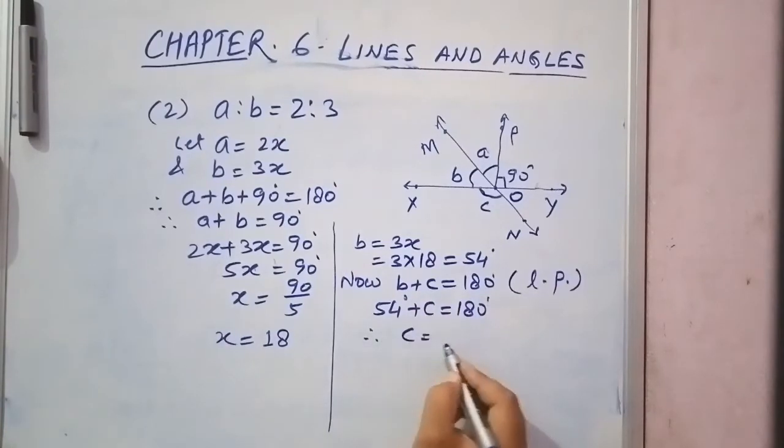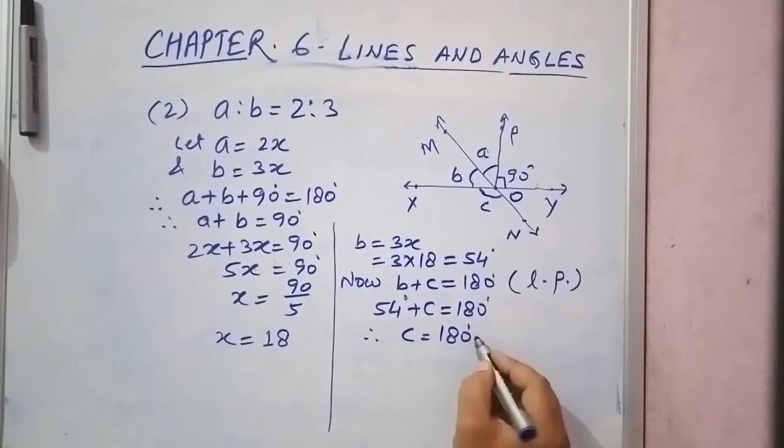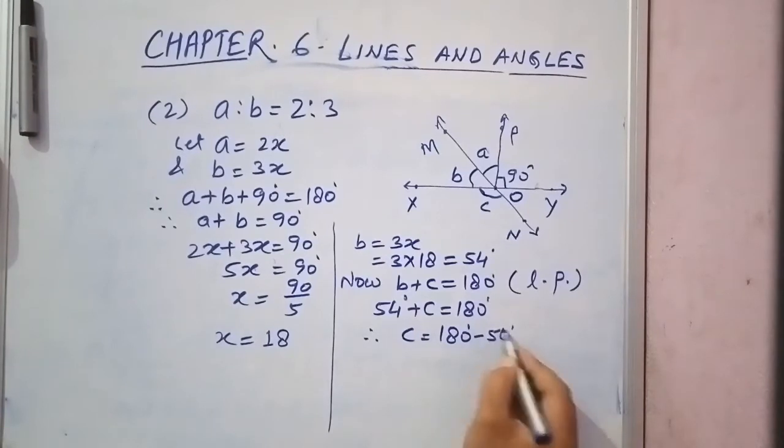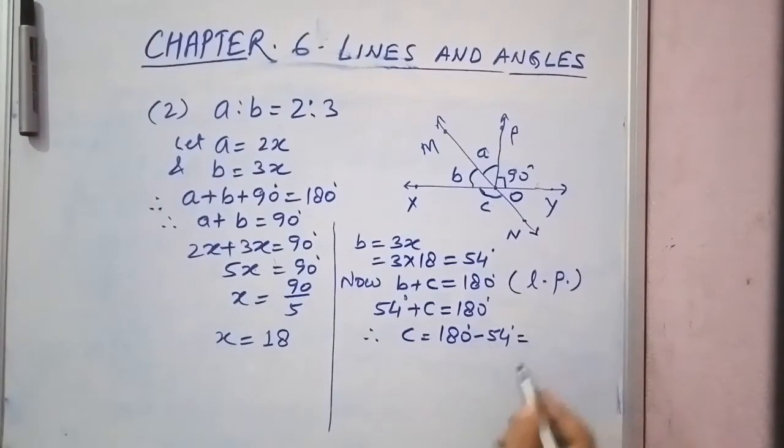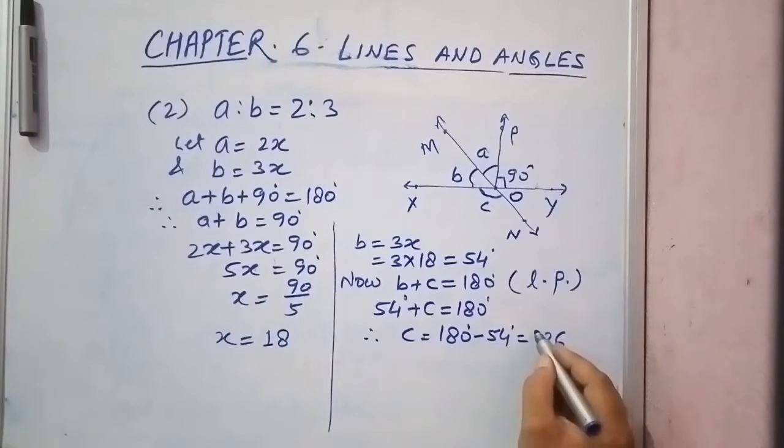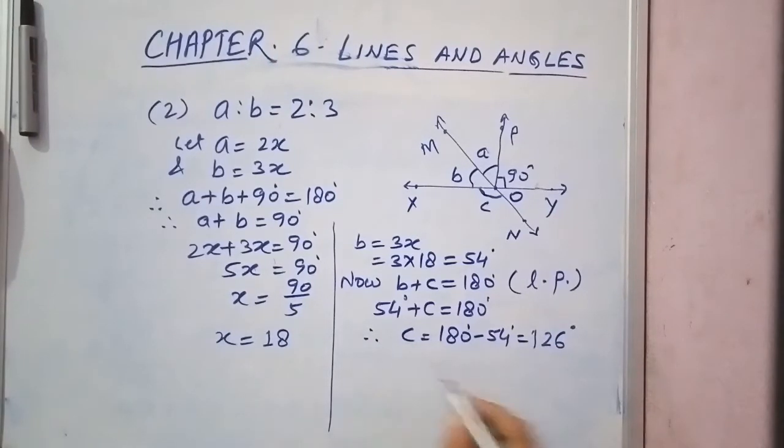Therefore c equals 180 minus 54 degrees, which is 126 degrees.